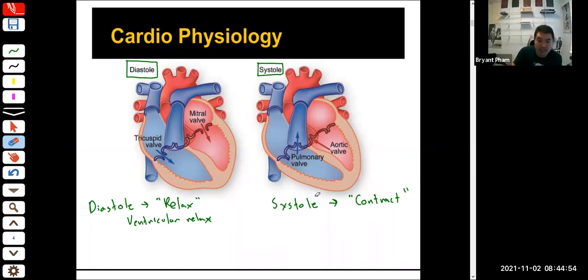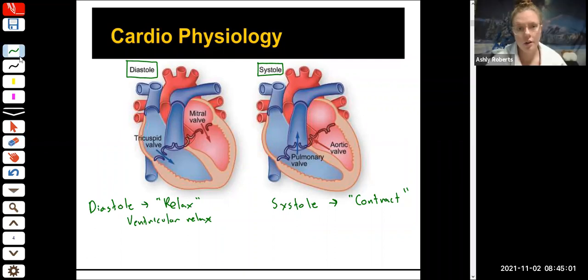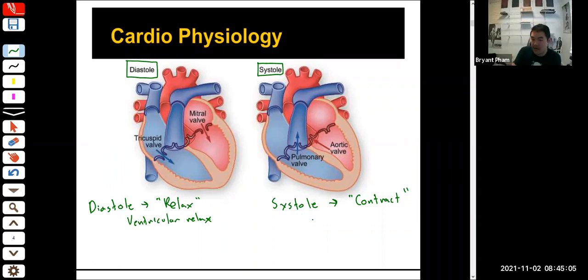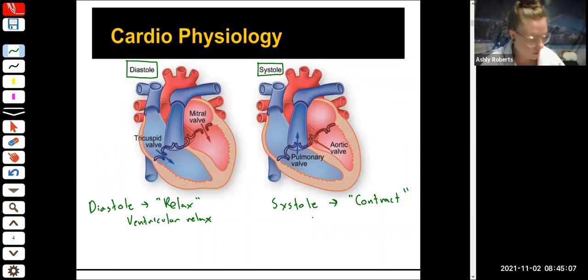So that means during systole, what do you instantly know is going on with the heart? The atria are relaxing, and what is contracting? The ventricles. Awesome.